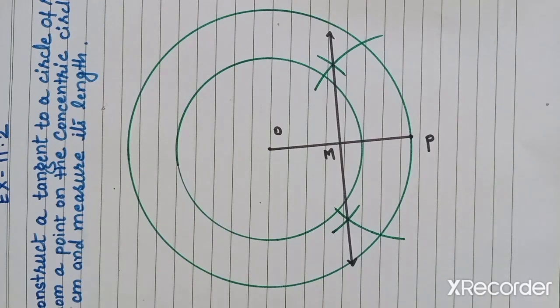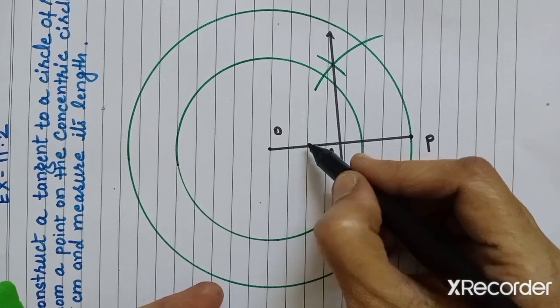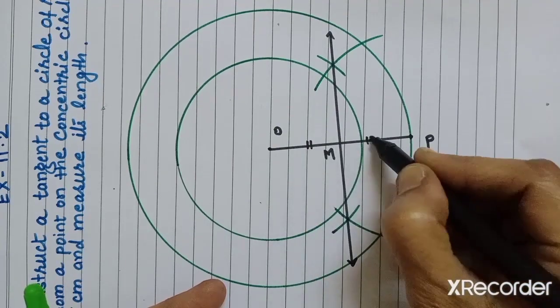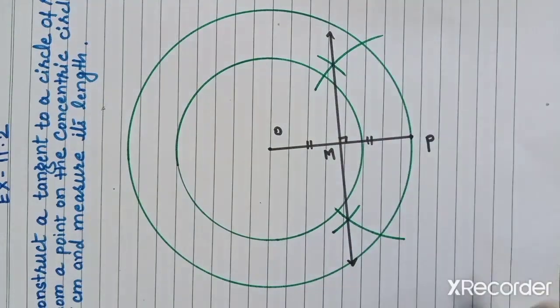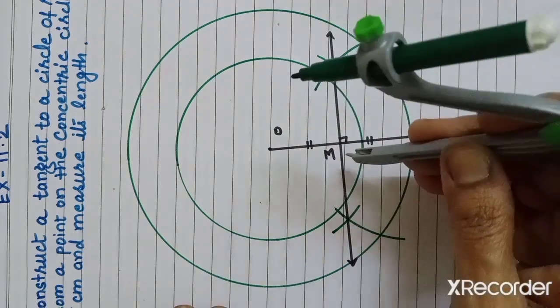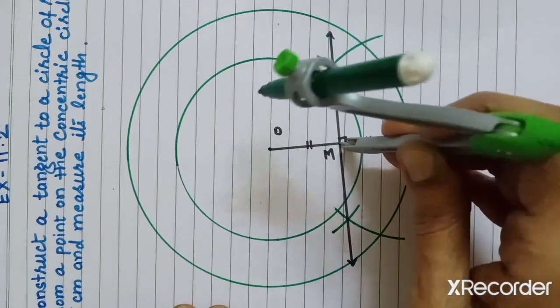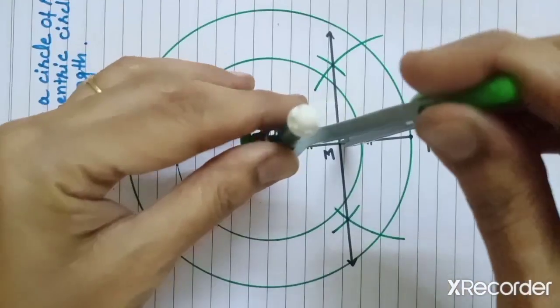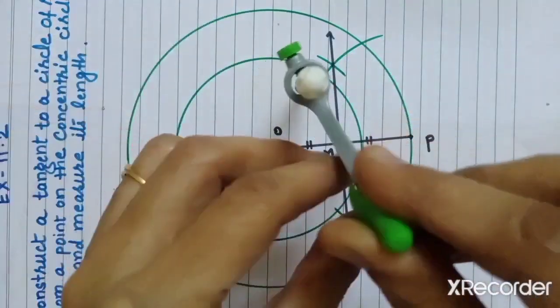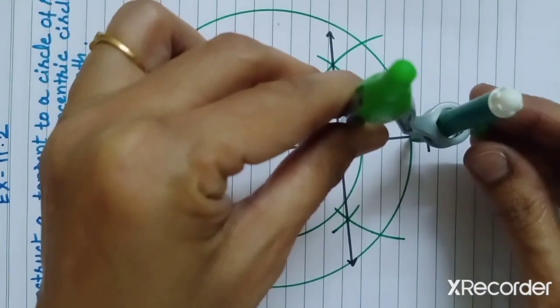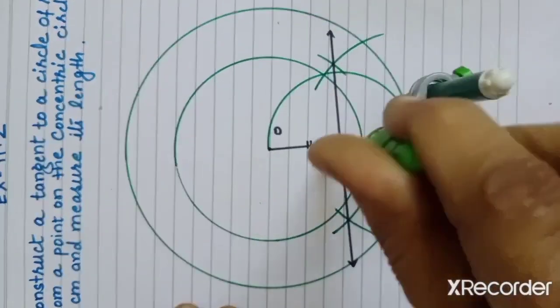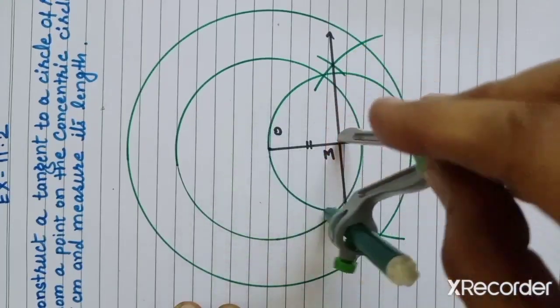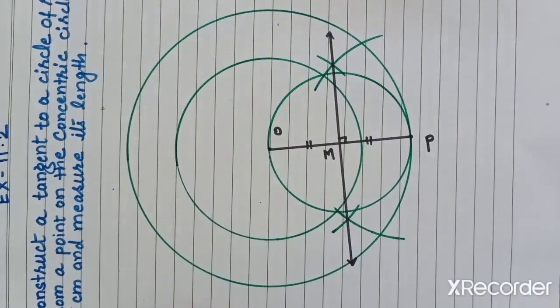Now give these identical signs here, and perpendicular. So it means this line is the perpendicular bisector of segment OP. Now with this M as a center and radius equal to OM, either you take OM or OP, both are the same, you draw a circle. The circle is drawn.